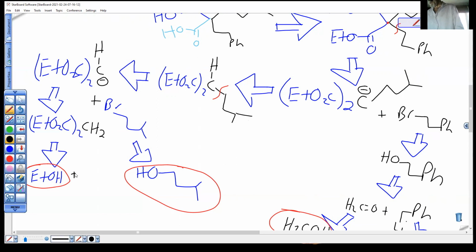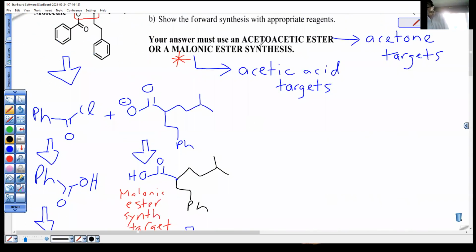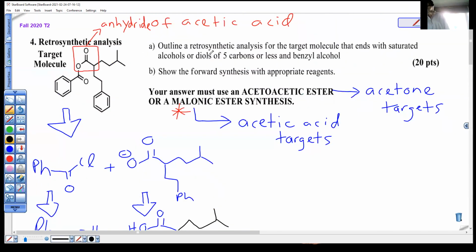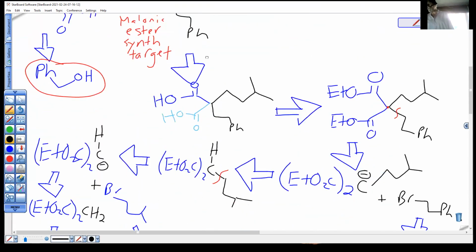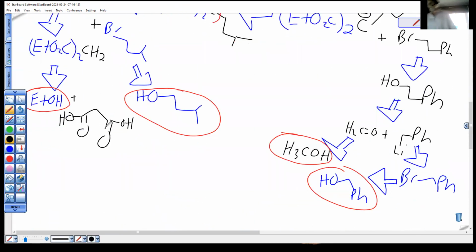Plus, here we'll even draw out the malonic acid. You're saying, wait, malonic acid's not on my list either. My goodness, does this thing ever end? Alcohols or diols of 5 carbons or less. Well, we have a diacid, which came from a diol of 3 carbons.